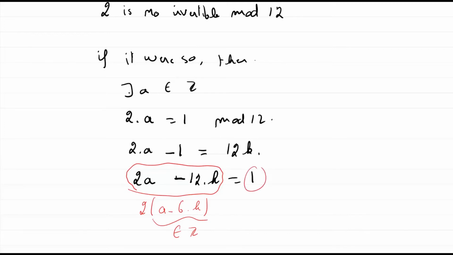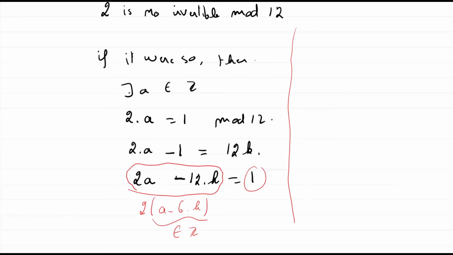Now, an important question is, when is a number invertible modulo n? And how do I calculate the inverse? As we saw in the examples, we just guessed and tried numbers to find the inverses of 5 and 7. But in general, we cannot guess and try, because in the applications, the numbers which appear are so huge that you cannot guess and try.